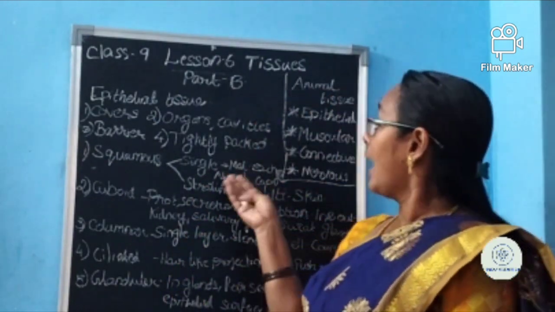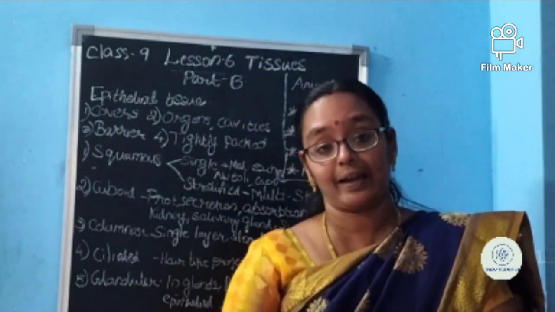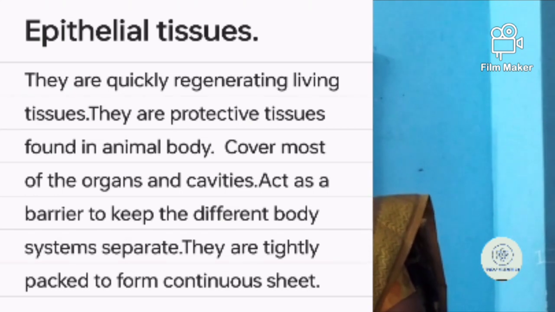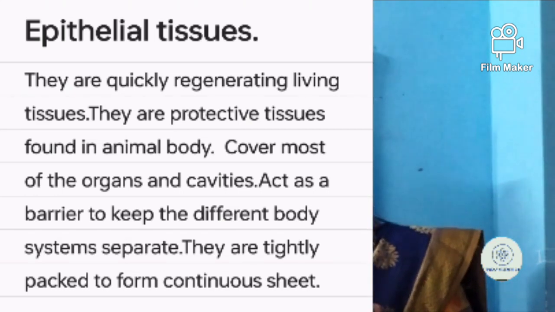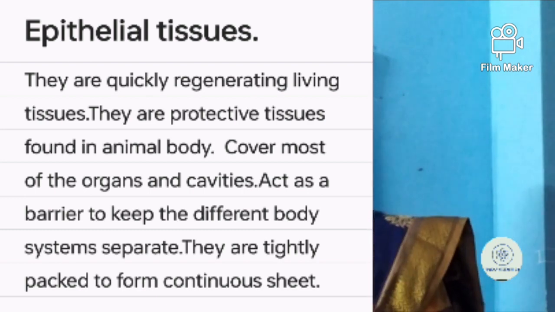And the fourth one is that epithelial tissue is tightly packed. There is no intercellular gap between these cells, and they are tightly packed, which makes the outer covering very strong.